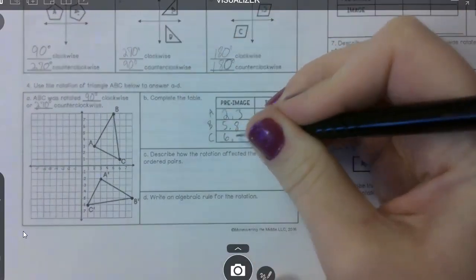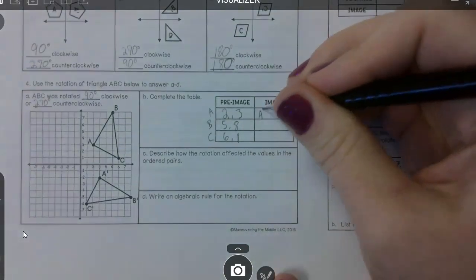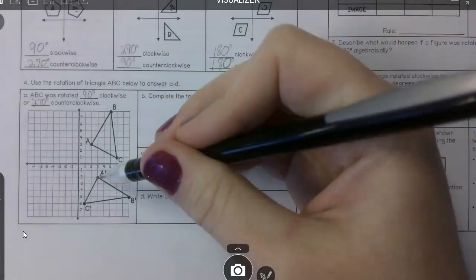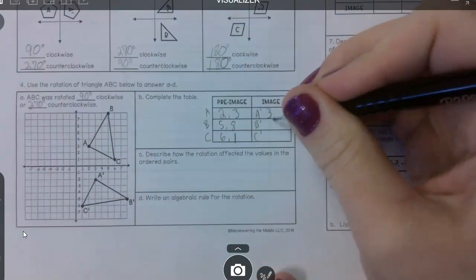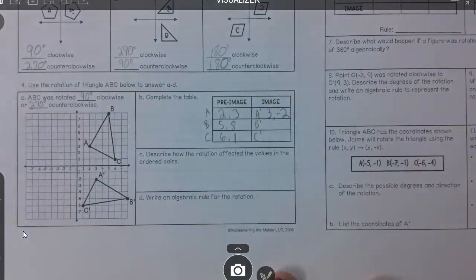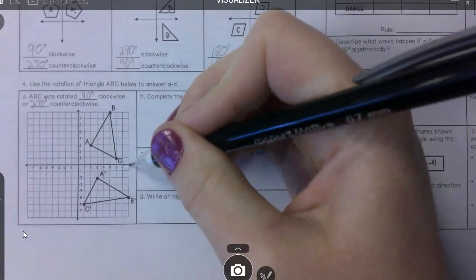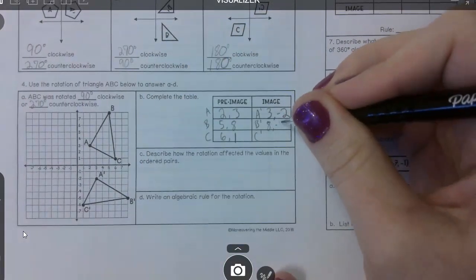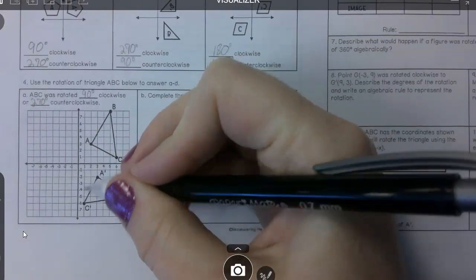Okay, so there is our pre-image. Now we want the primes. All right, so let's start with A prime. A prime is at (3, -2). B prime is at (8, -5). And C prime is at (1, -6).